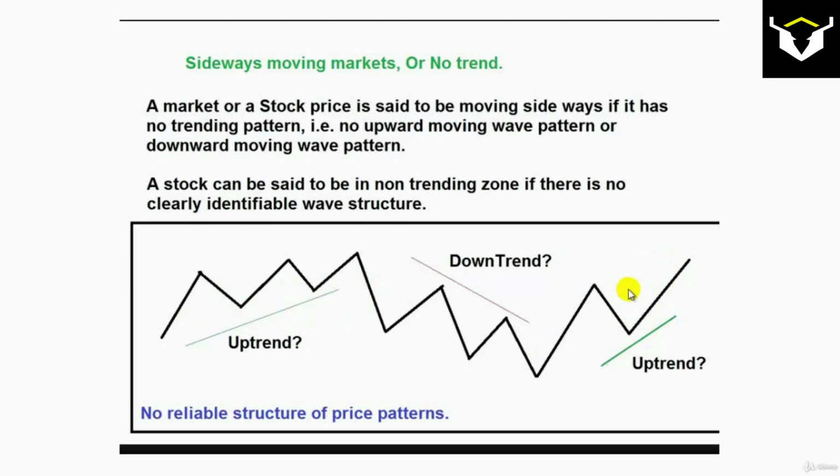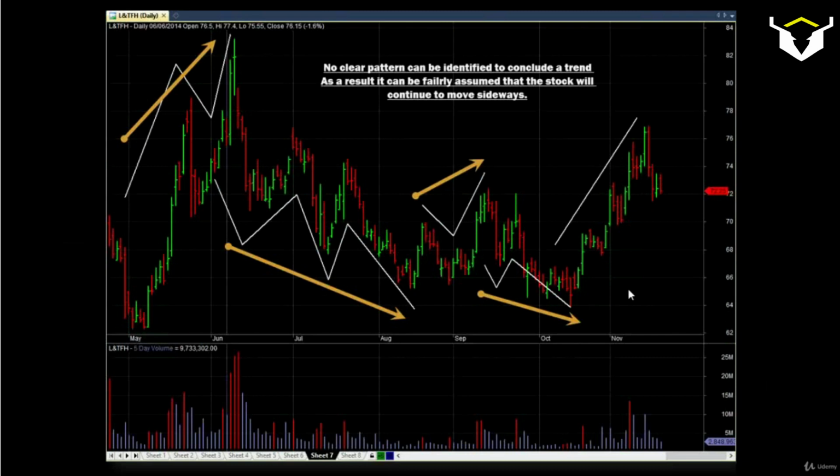Let's go ahead and take a real chart example. This is a chart of L&T Finance covering data from May 2014 to November 2014. You can see in May it surged higher, came down, went ahead to make a new high, thus suggesting that this stock might be in an uptrend.